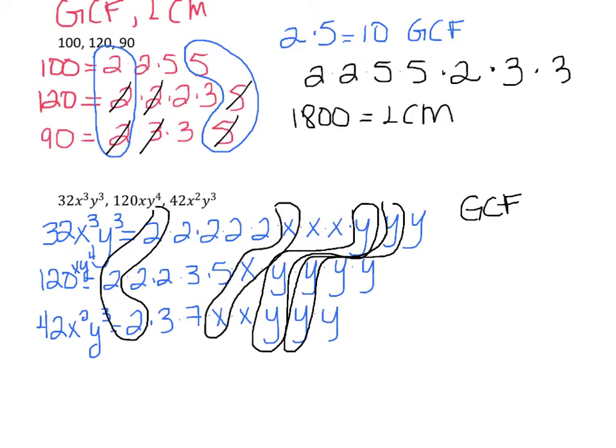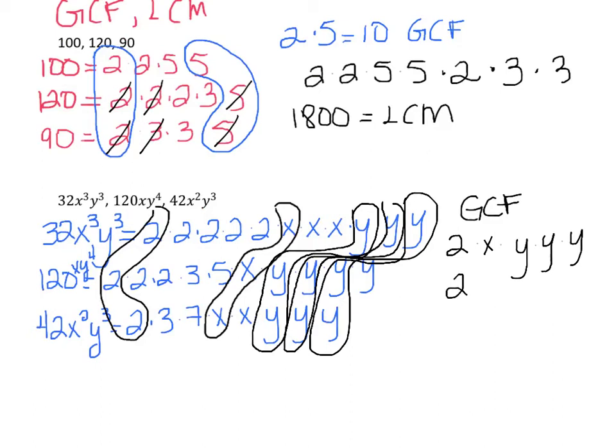That's 2 of them. 3 of them. So I have 3 y's. So what I can write down, I circled 2, x, and 3 y's. So that's 2 x y cubed. Now I do least common multiple.